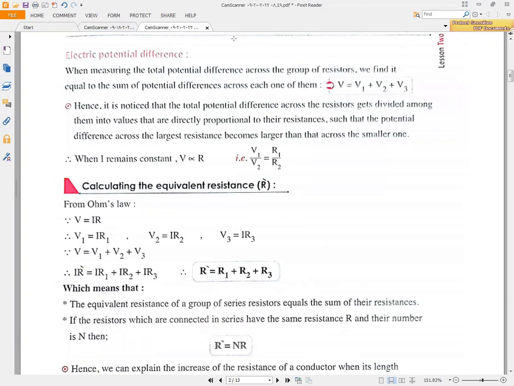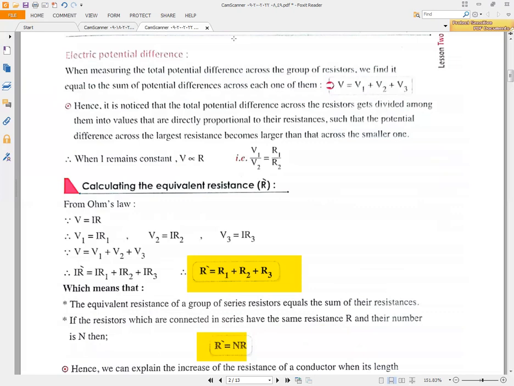I is the same, so it must be cancelled. So R dash equals the summation, a total resistance. If the value of R is the same, R dash equals N times R. So when we connect resistances in series, the equivalent resistance equals the summation.